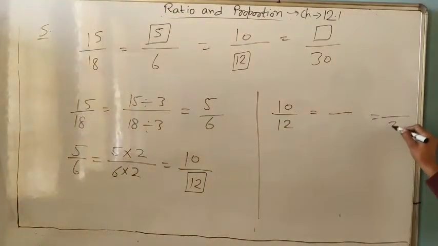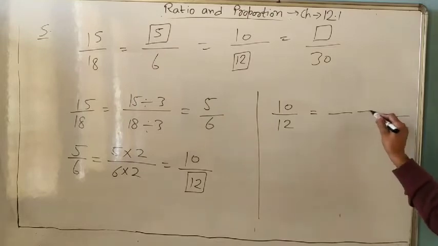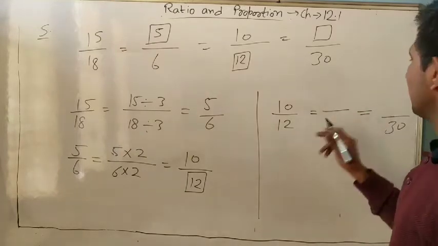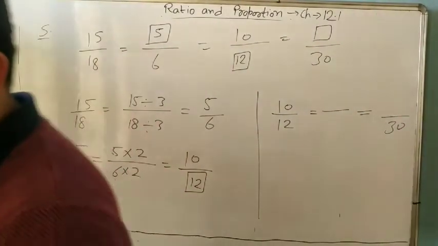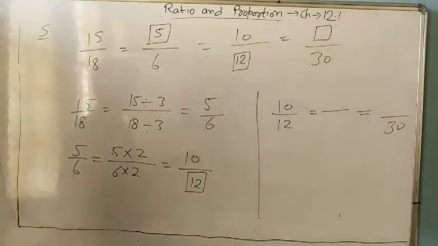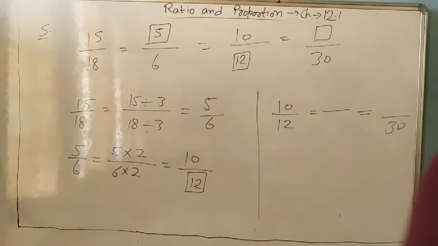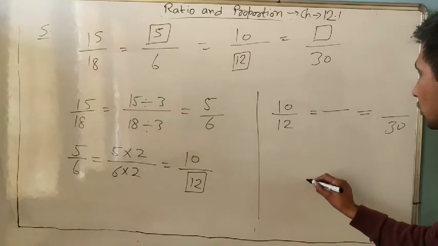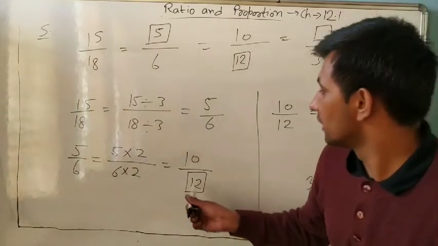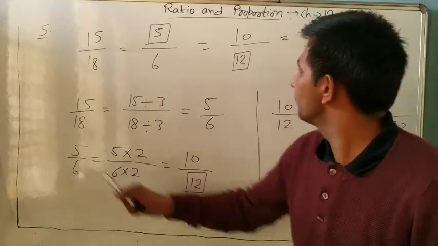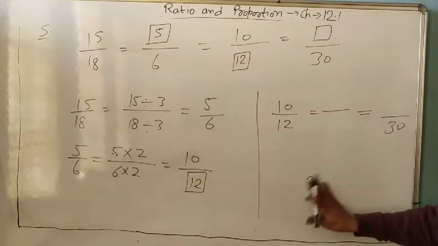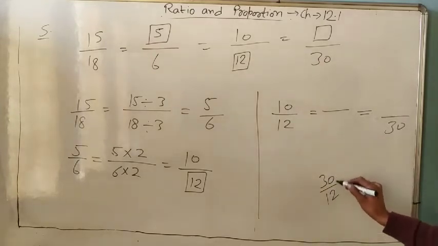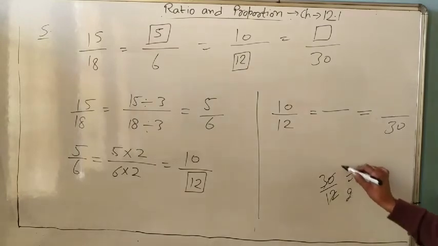Next is 10 upon 12, same as it is. We know here is 30. So what number will you multiply or divide 12 by to get 30? 30 divided by 12 is 5 by 2.